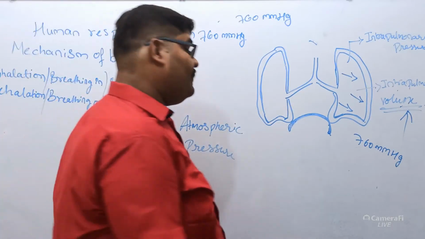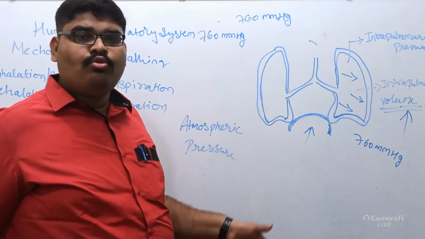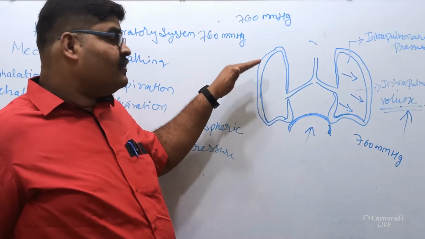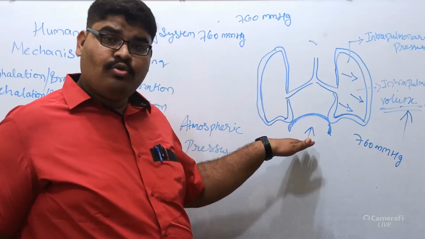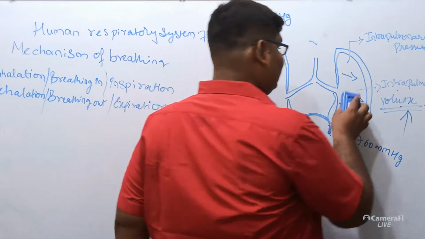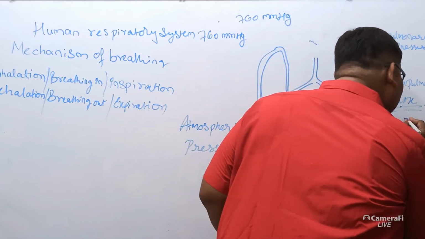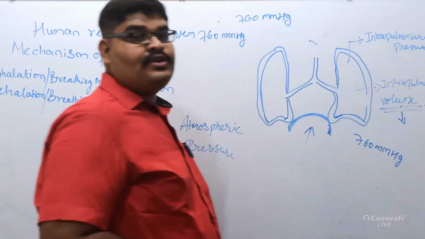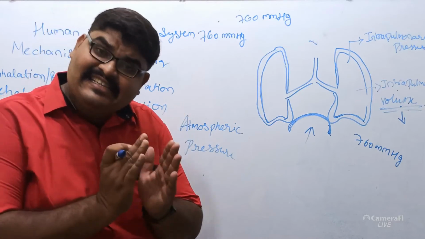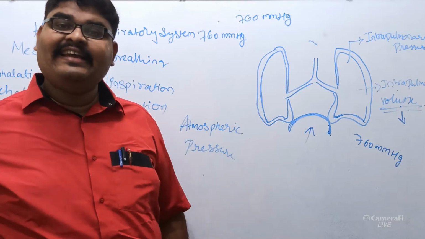Due to relaxation, the diaphragm is coming back to its normal position, that is, upward movement of the diaphragm. Due to this, there is a decrease in intrapulmonary volume. The volume of the lungs gets reduced. When volume gets reduced, the pressure automatically increases.